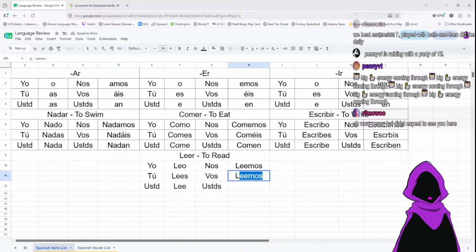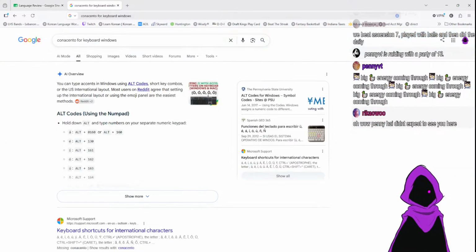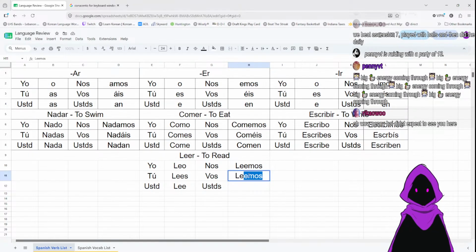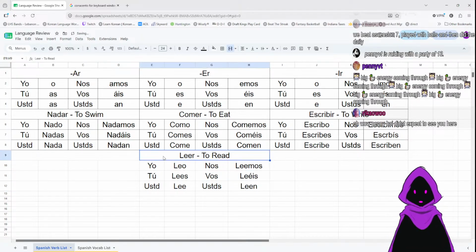Leéis, alt 161? Yes, leéis. Ah, alt 130, that's the right one. Leéis for y'all read. And we have leen for they read.